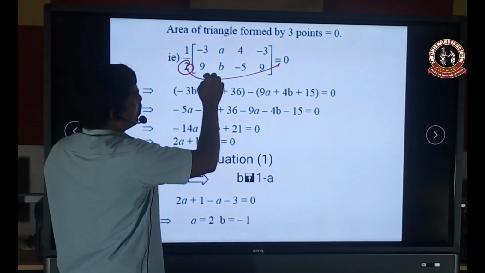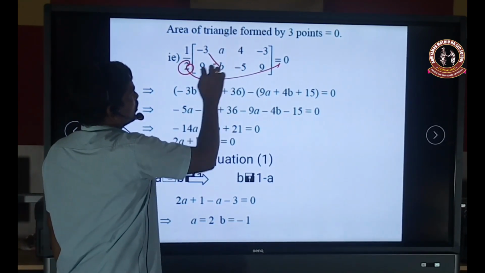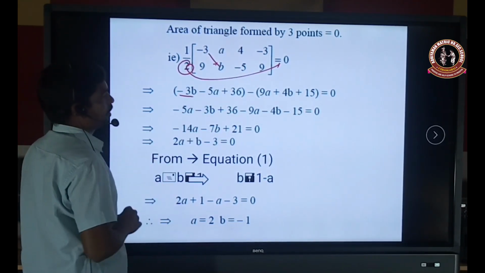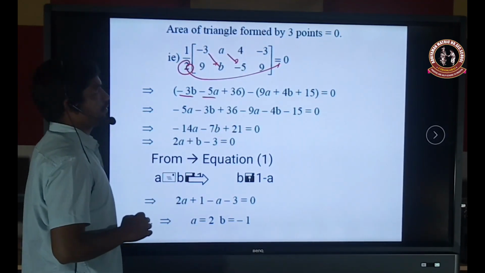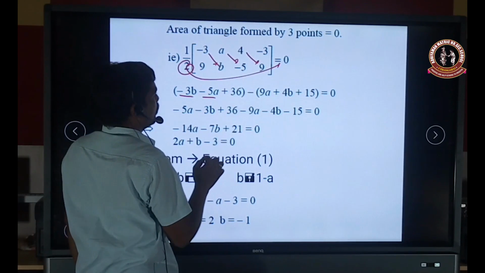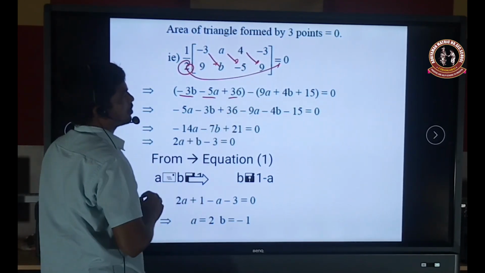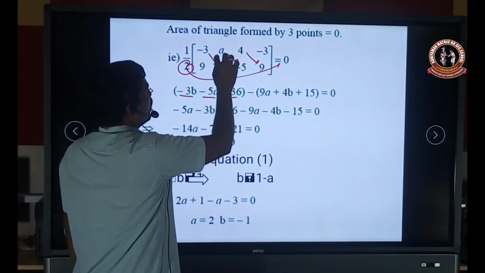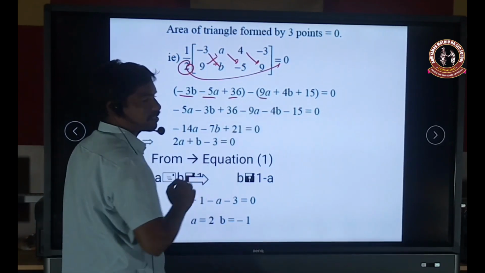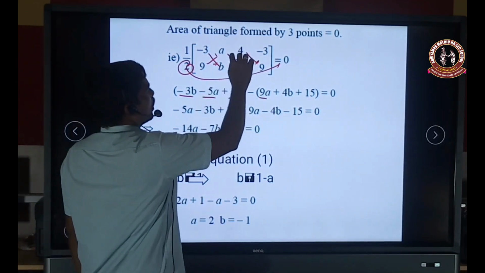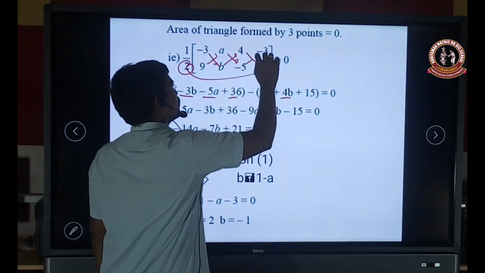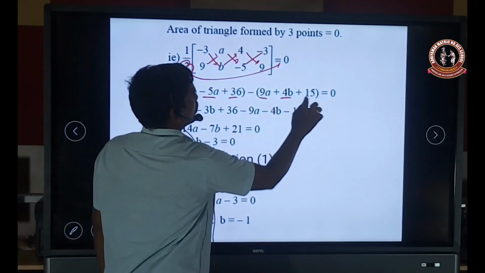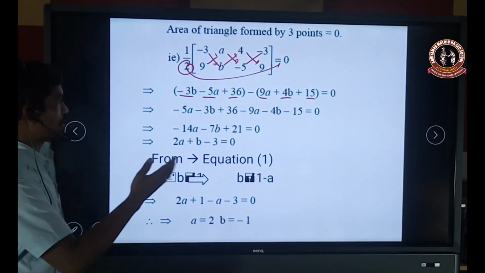Now by the pictorial representation method, minus 3 multiplied with b equals minus 3b. a multiplied with minus 5 equals minus 5a. 4 multiplied with 9, we get plus 36. Next minus of 9 multiplied with a equals minus 9a. b multiplied with 4 equals 4b. Next minus 5 multiplied with minus 3 equals plus 15, equal to 0.